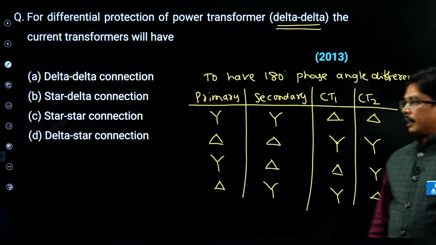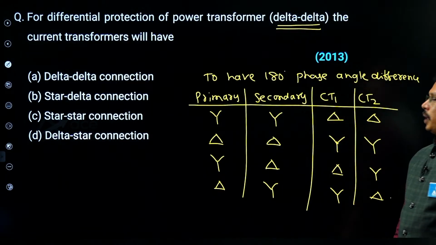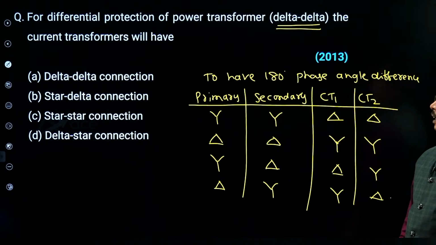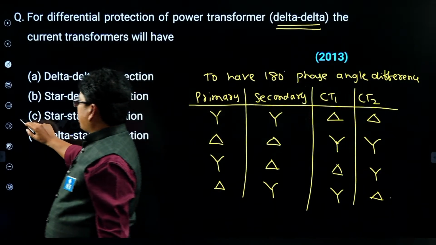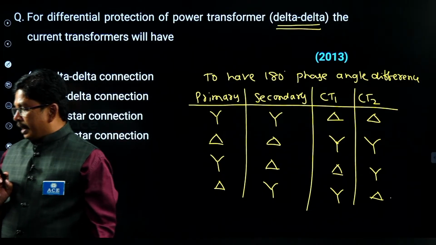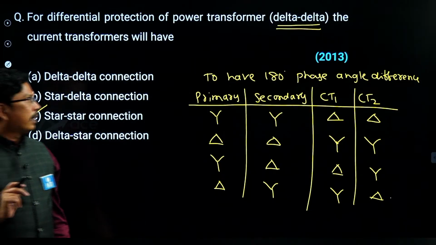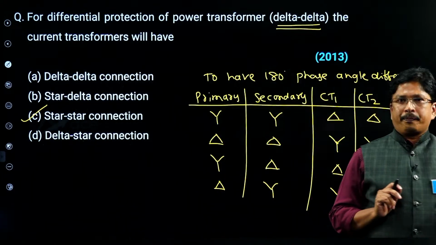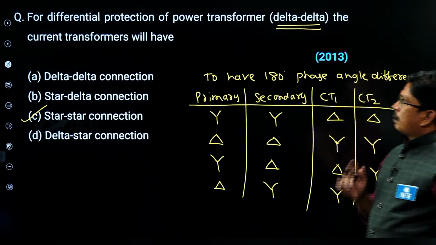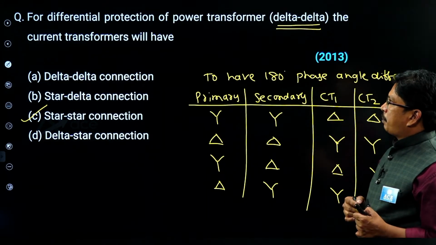Right, students? Like that we can give the connection to have 180-degree phase angle difference in case of the differential protection. That's why for delta delta transformer we are having star star connection. Got it, right, students? That's about the differential protection.